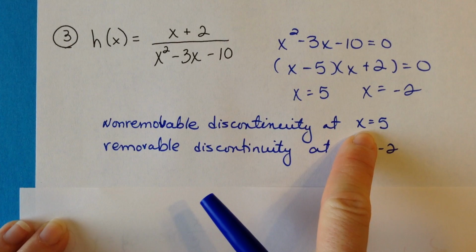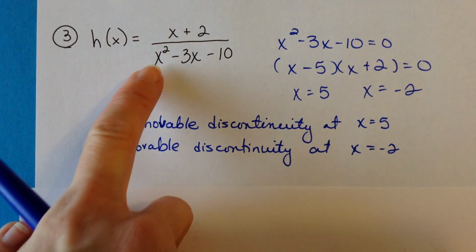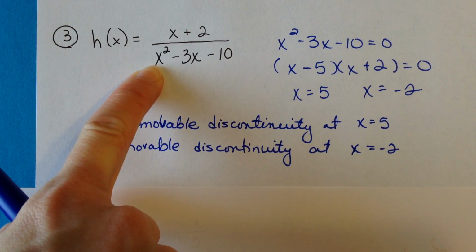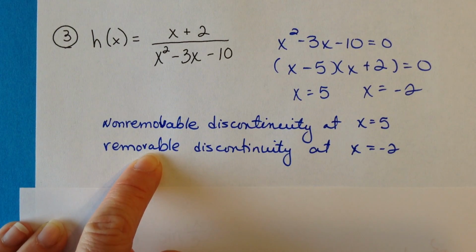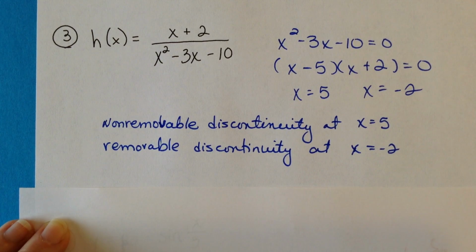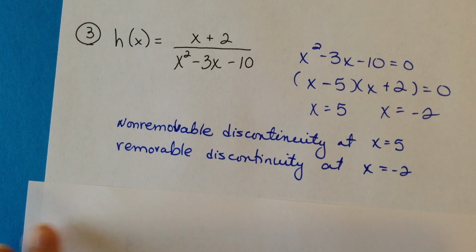So remember, this one is non-removable because it only makes my denominator equal 0, so it has to be a vertical asymptote. -2 is removable. It has to be a hole because it makes numerator and denominator both equal to 0.